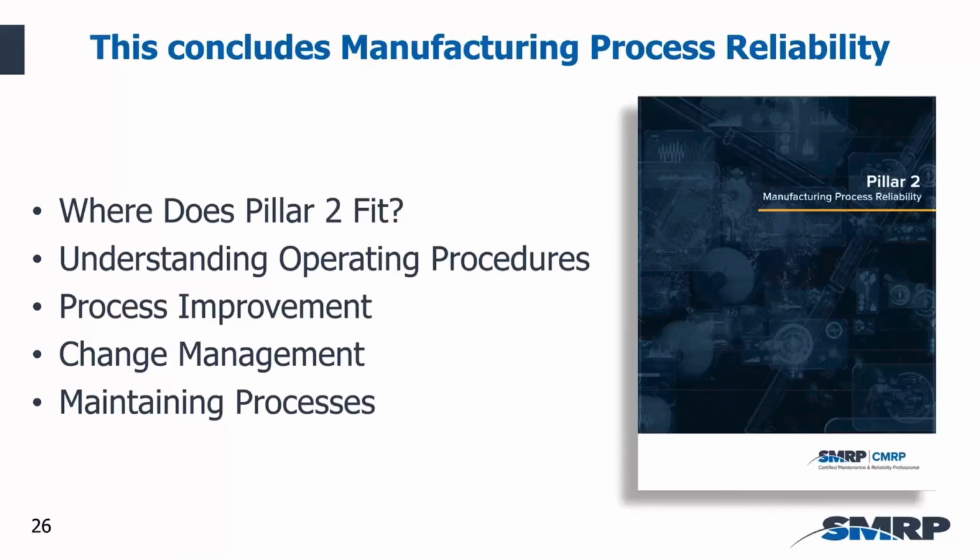And then maintaining processes, we wanted to make sure that we have the tools to be able to benchmark, to do gap analysis, and so forth, so that we're paying attention to things like regulatory compliance, and we're making sure we're setting proper goals to make sure that we can achieve those goals.